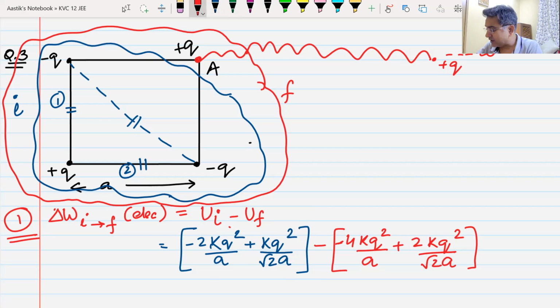You just subtract and the answer will be 2kq square by a minus kq square by root 2a. This is the first way of doing it.